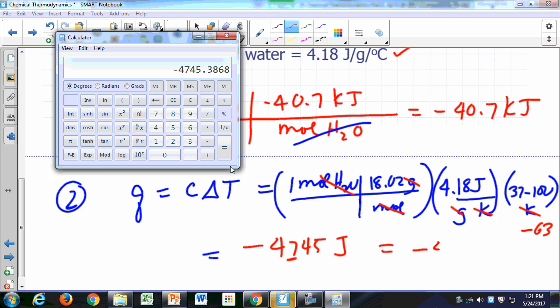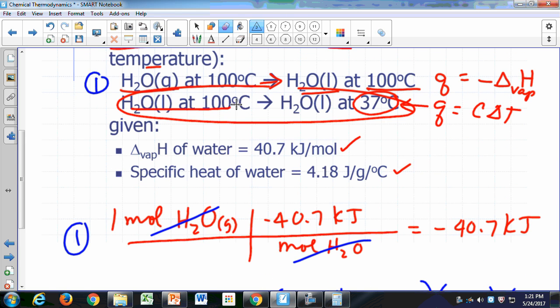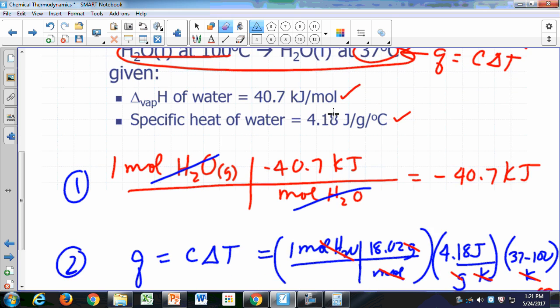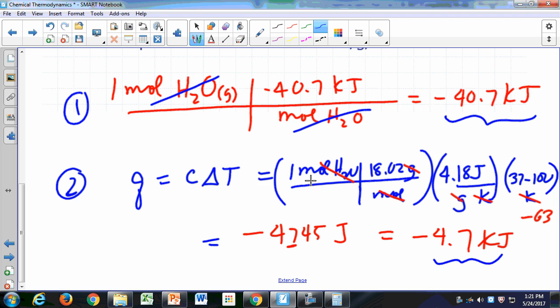So that's minus 4.7 kilojoules. Okay? So your water, as it cools from water vapor at 100 degrees down to liquid water at 37 degrees, is going to release 40.7 kilojoules as it condenses, and then as it cools down from 100 degrees Celsius to 37 degrees, it releases 4.7.